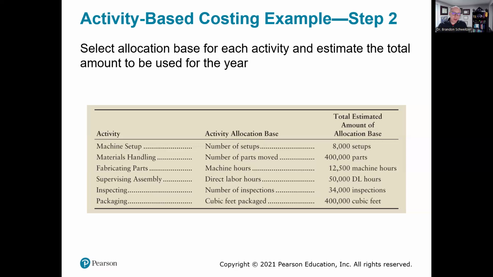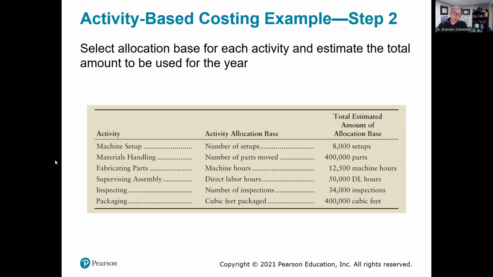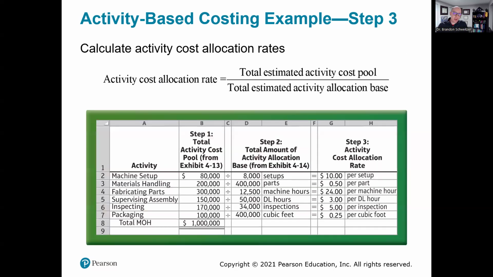So the first step we did was we identified our primary activities. The second thing we did is we discovered the allocation base for each activity. And then the third step is going to be the activity allocation rate.